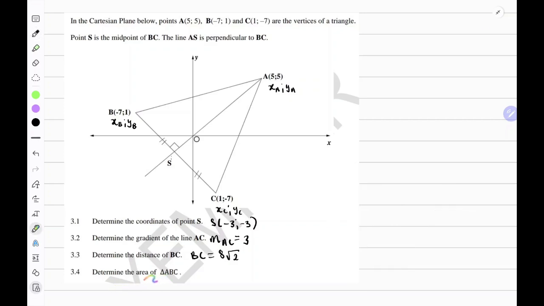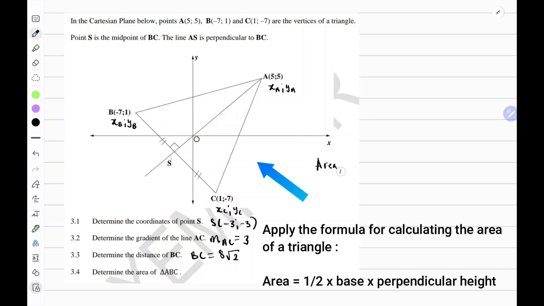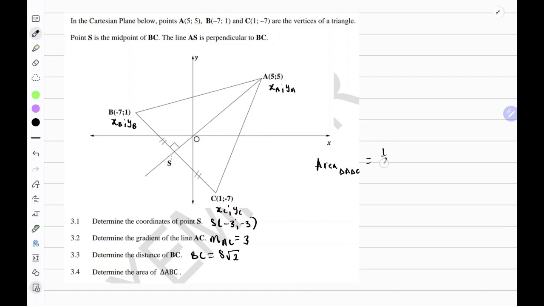The last question says determine the area of triangle ABC. So they want us to find the area of this whole triangle. We can use the formula for calculating the area: the area of triangle ABC is equal to half times the base times the perpendicular height.